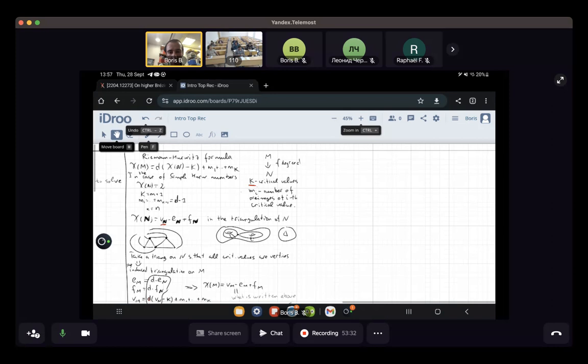On the sphere, in case of k critical values, say 1, etc., k, and these guys are critical values. All critical values that we have, and non-critical.